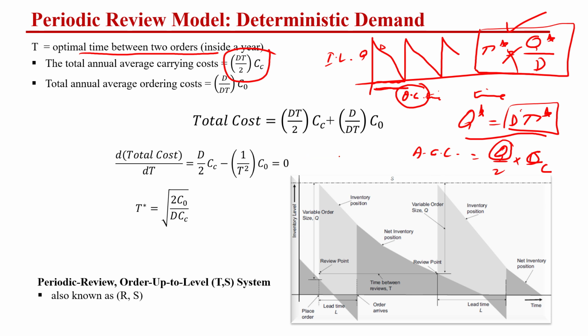Same is the case with the order cost: from the basic EOQ model, it would be C naught multiplied by the number of orders we place to meet the capital D, which is the yearly demand. If I put DT over here, I would be able to get the total order cost. So carrying cost plus ordering cost would be equal to the total cost.